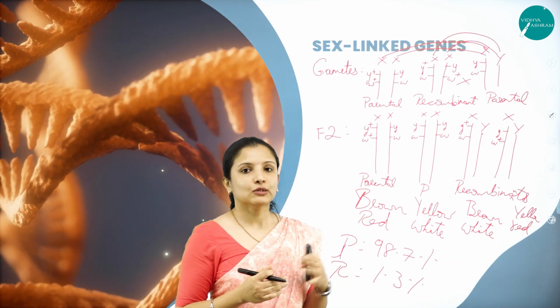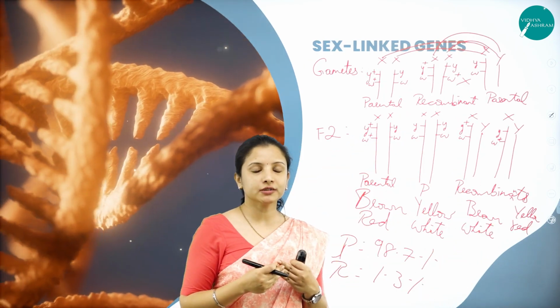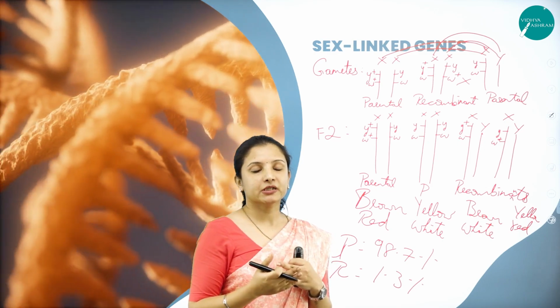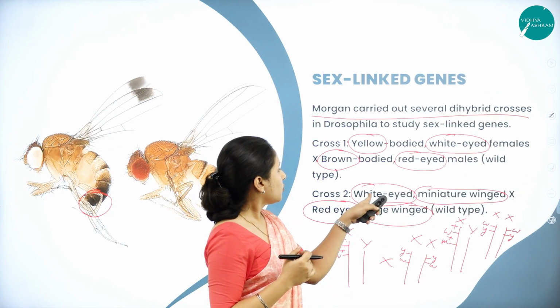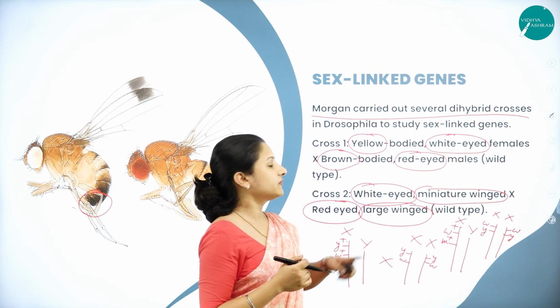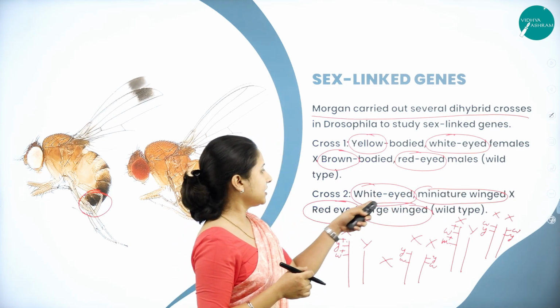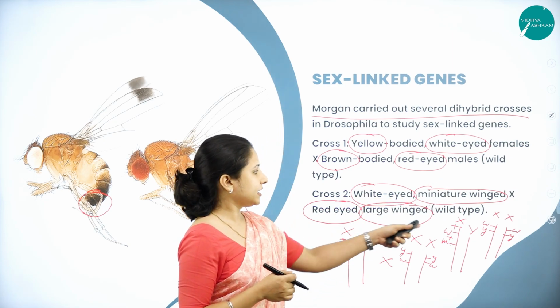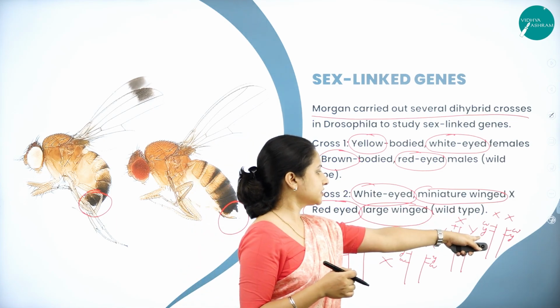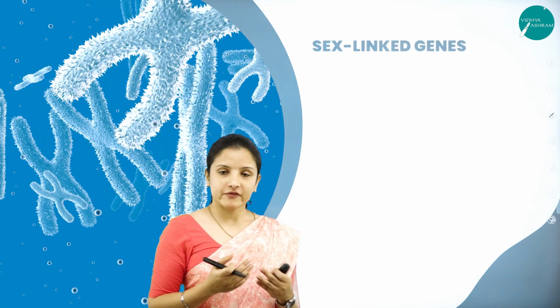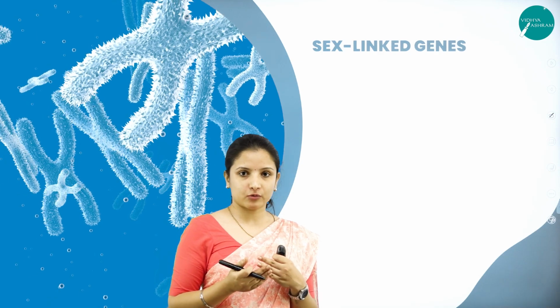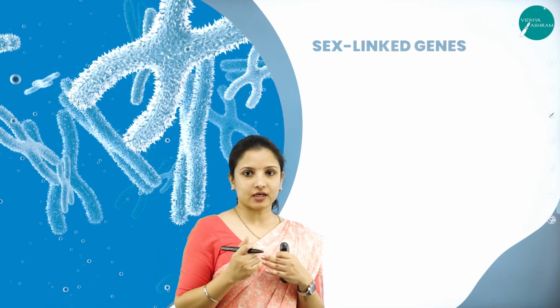So after this, what Morgan did was he made a cross between the white-eyed miniature winged female and the red-eyed large winged male. So these are the different chromosomes that are involved and the genes on them. We shall see what happens when a dihybrid cross occurs.